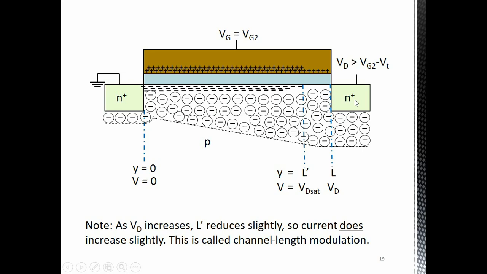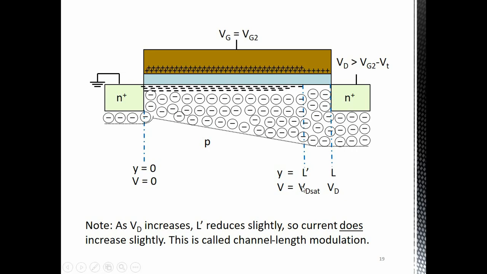So why does current not increase once pinch off occurs? Very simply, this is a high resistance region, and when the drain voltage is increased, the entire additional drain voltage falls across this pinched off region.